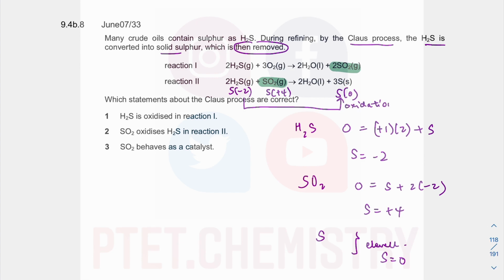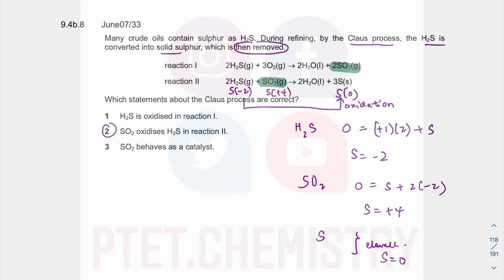So that's called oxidation. This is being carried out by the SO2. So SO2 oxidizes H2S in reaction 2 is correct, because it's acting as an oxidizing agent, and its own sulfur is reduced from +4 to 0, because there's no other sulfur species. +4 to 0 is a reduction.